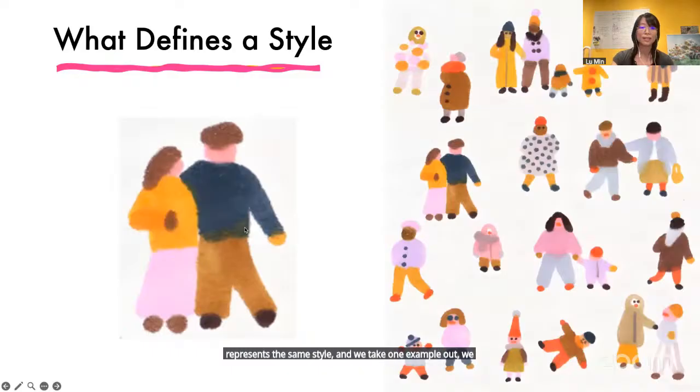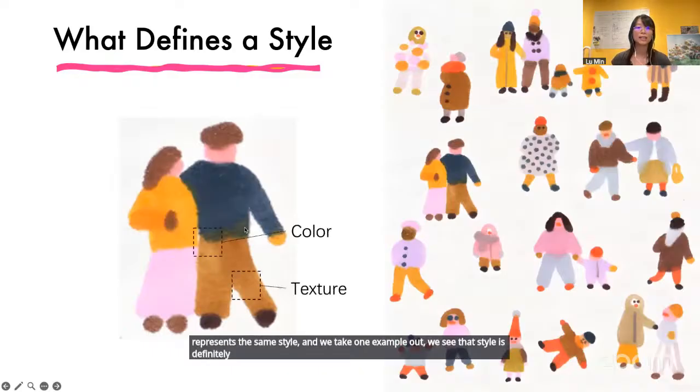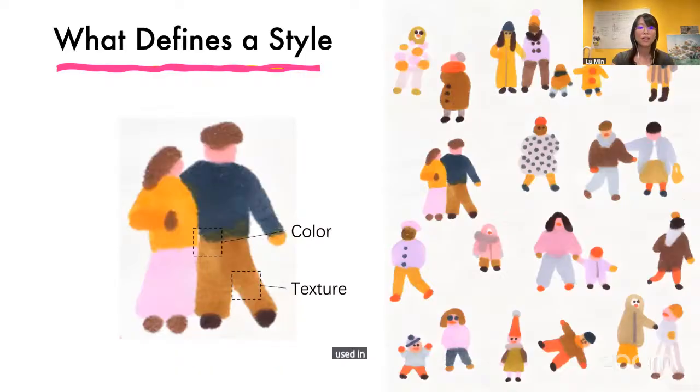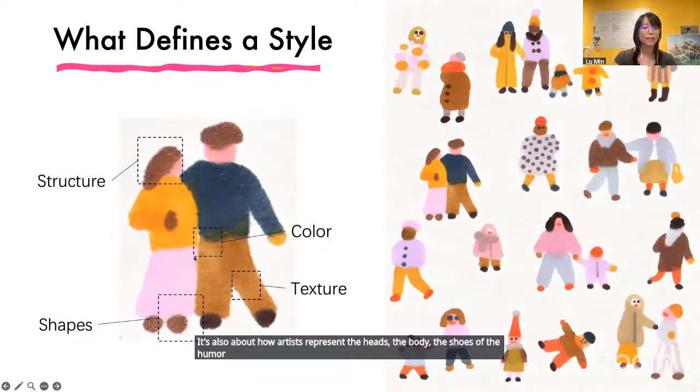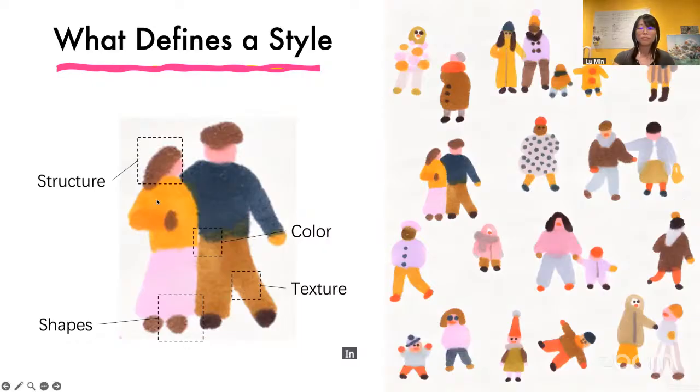We see that style is definitely related to the colors and textures that artists used in this style, but it's beyond that. It's also about how artists represent the head, the body, the shoes of the human, like in this one.